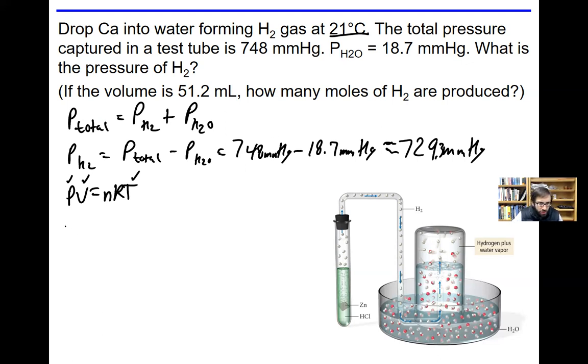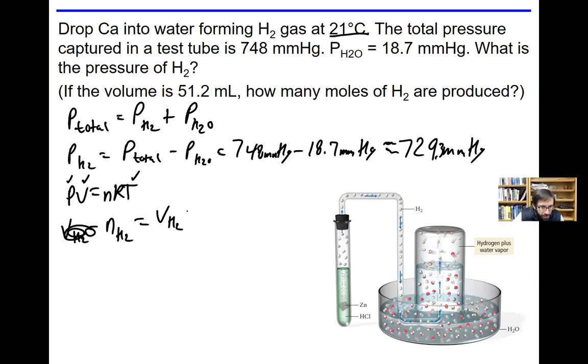So let's just write that out. Let's solve for the moles of hydrogen. That's what we want. The moles of hydrogen, we know the volume. The moles of hydrogen is equal to the volume of hydrogen. What's the volume of the hydrogen? It's with water, but we don't actually care about that. As long as we use the pressure of hydrogen, we'll be fine. So that's going to be the 51.2 milliliters.